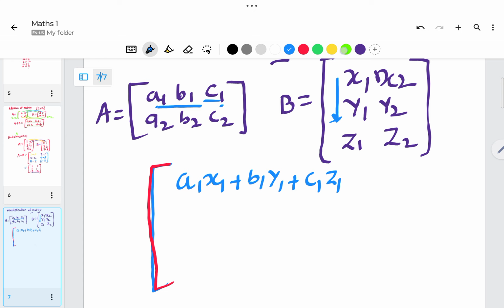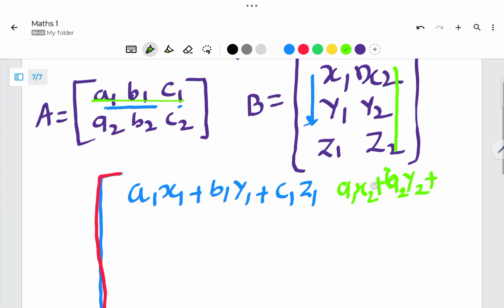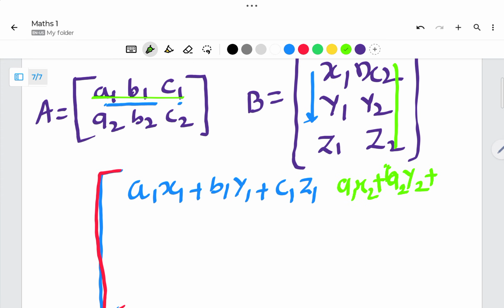Then next you have to take this row and this column: a1 x2 plus b1 y2 plus c1 z2.